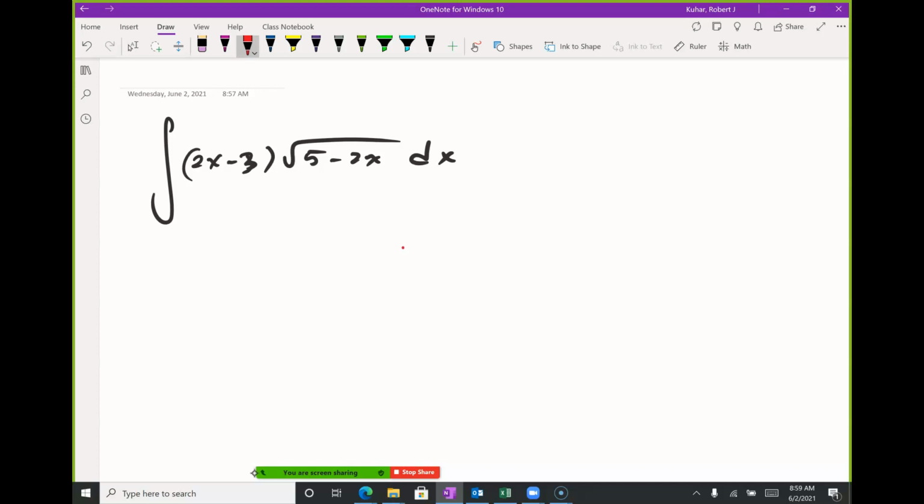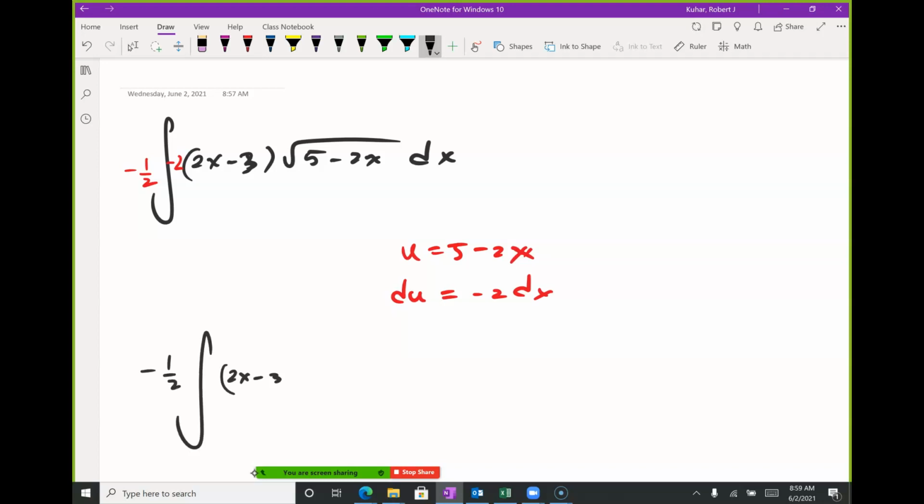All right, so clearly u is going to be 5 minus 2x, and du is negative 2 dx. So I need a negative 2, and I need to cancel it with a negative 1/2. So now I have negative 1/2 times the integral of 2x minus 3 square root of u du.